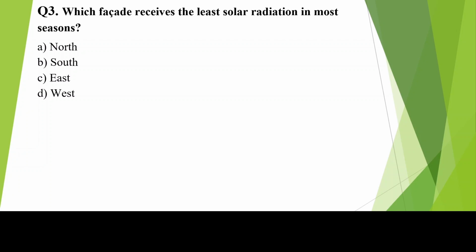The north-facing facade receives minimal direct solar radiation, except in early mornings and evenings of the summer, making it ideal for openings or view creation. So can we move to the next question?